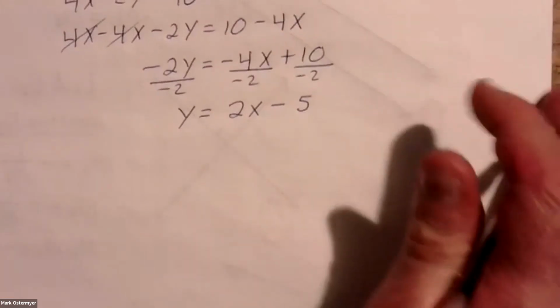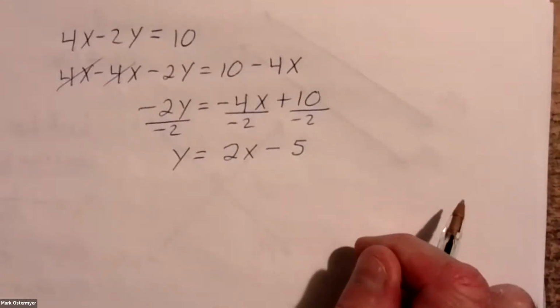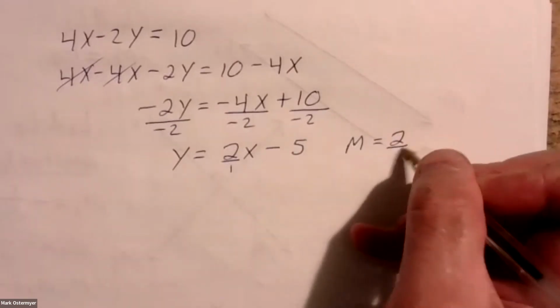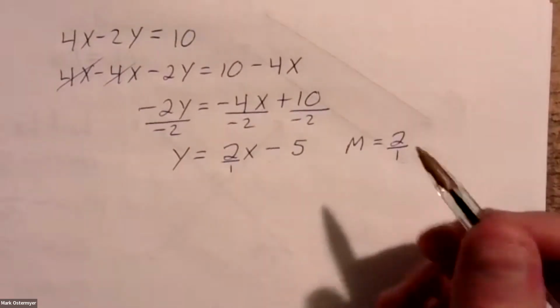All right, anybody get this? Yes. All right, so the slope of this line is positive 2, or just 2 over 1. Okay. Y-intercept is negative 5.